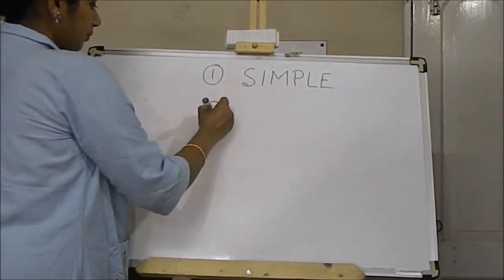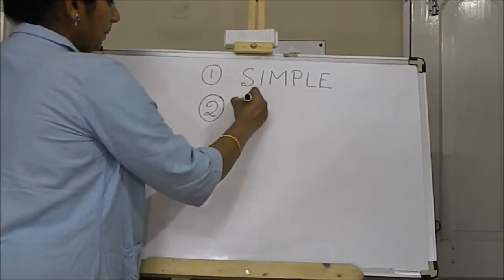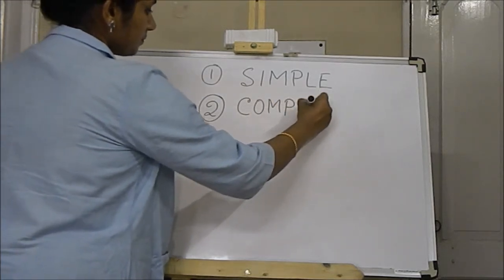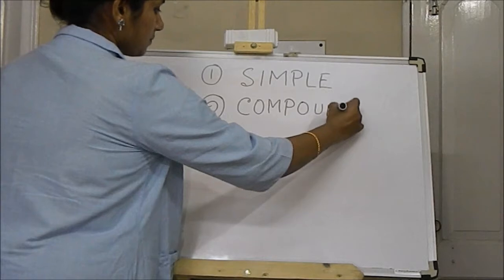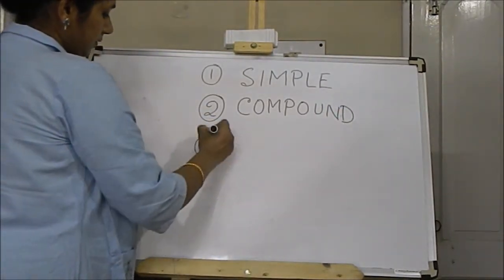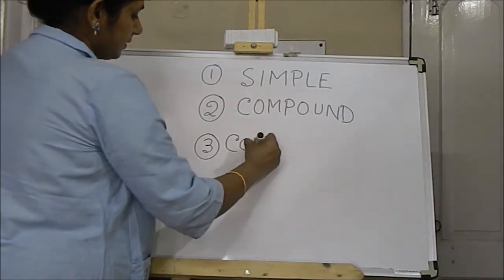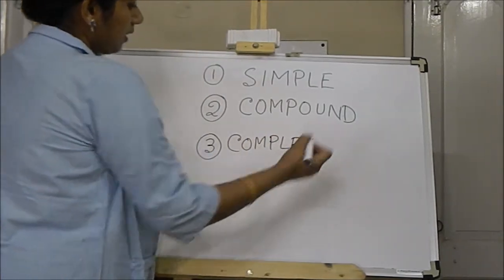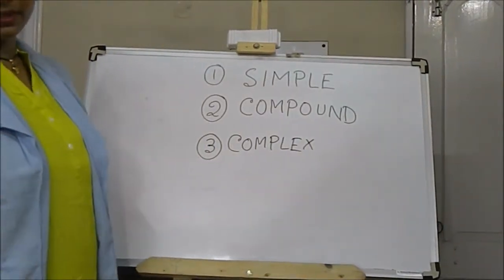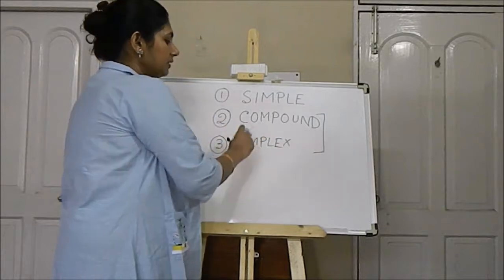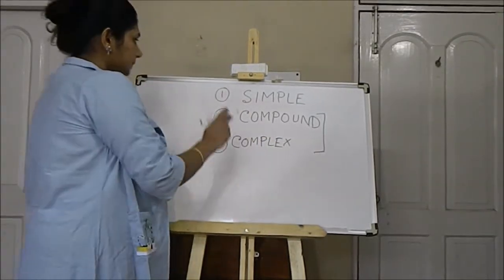Number two, compound sentence. Number three, complex sentence. Our today's topic is compound sentence and complex sentence.